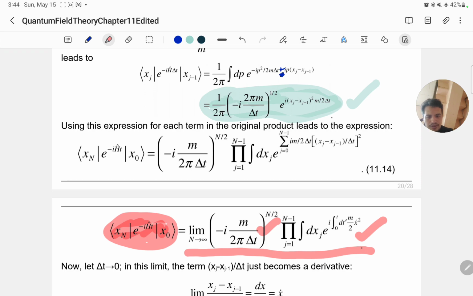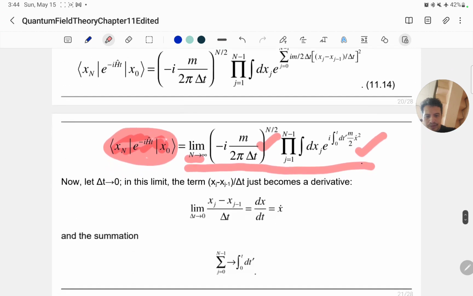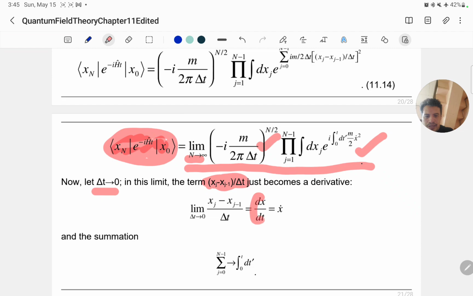All the terms similar to that, where of course you're now writing the limit where n goes to infinity. And of course by letting your delta t go to 0, that becomes dt. So this expression becomes dx dt, or x dot, the time derivative of x, which you are going to substitute here. That's why it becomes this one here.